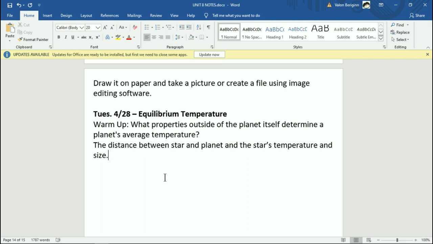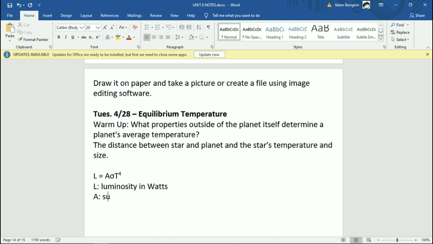So we're going to start with the luminosity equation that we started with all the way back in December. It was luminosity is the surface area times this sigma constant times temperature to the fourth. So L is your luminosity, which I always do in watts.